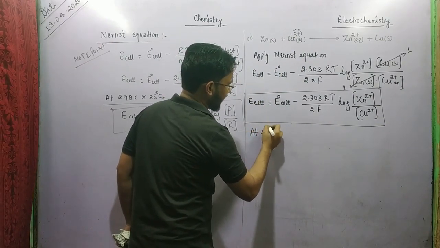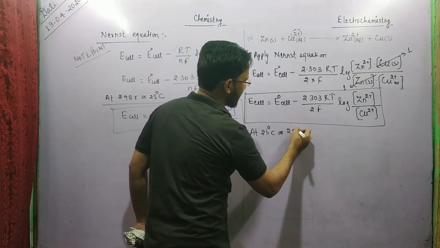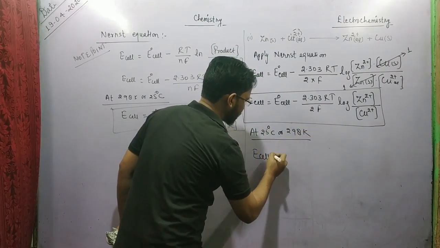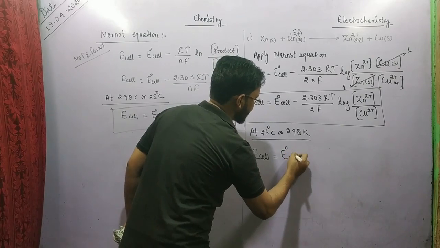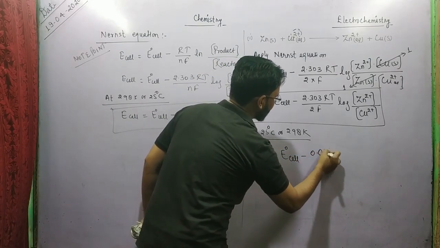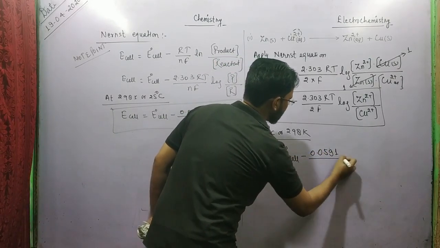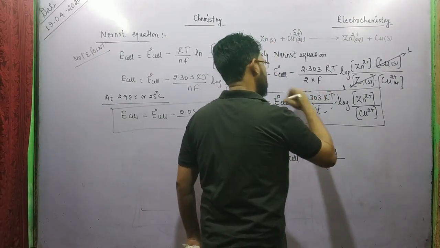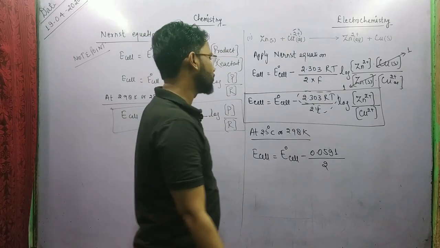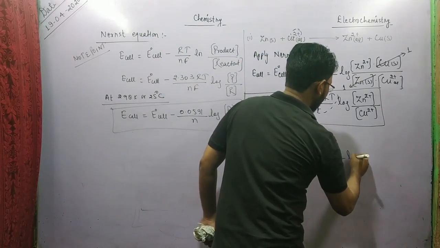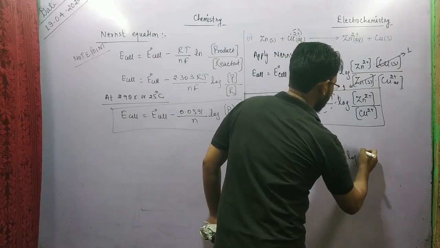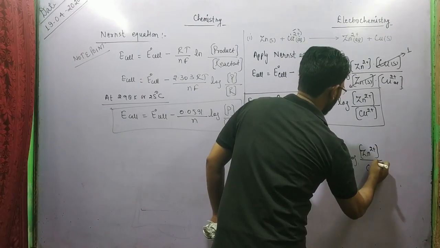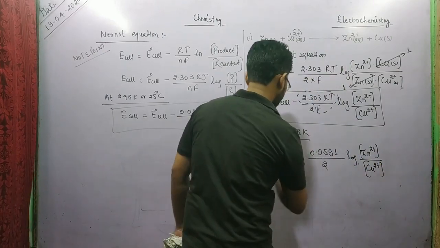At 25 degrees Celsius, or 298 Kelvin, the equation becomes E cell equals E naught cell minus 0.0591 over 2, which is 0.02955, log base 10 of the concentration of Zn2+ over the concentration of Cu2+.